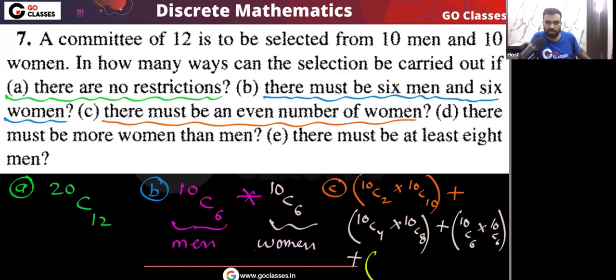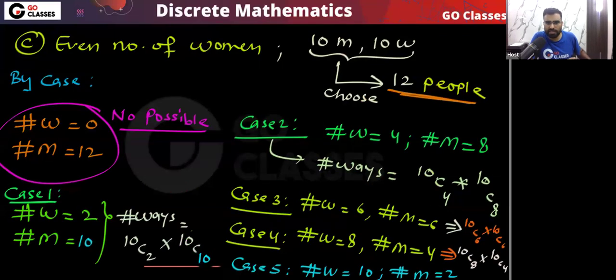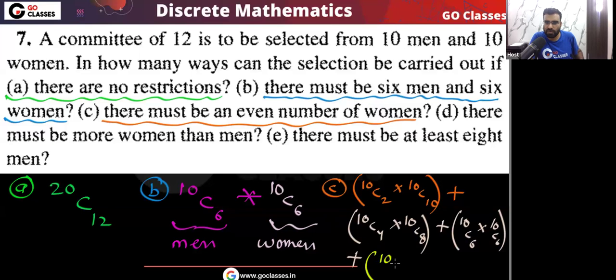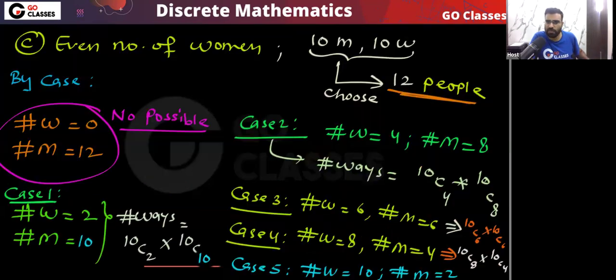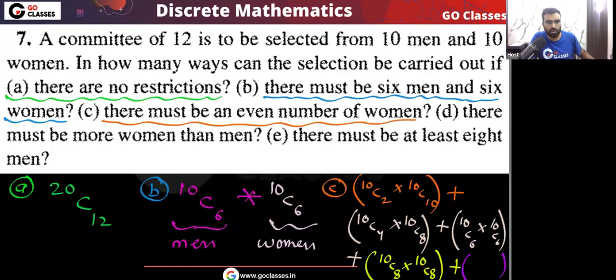That is 10c8 into 10c4, plus what is the last case? In the last case, there will be 10 women and 2 men, so 10c10 into 10c2. Is this clear to everyone? So this is the answer for part C.